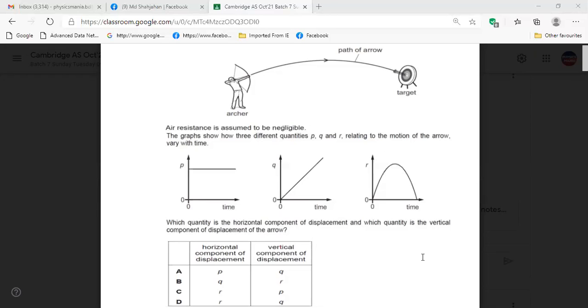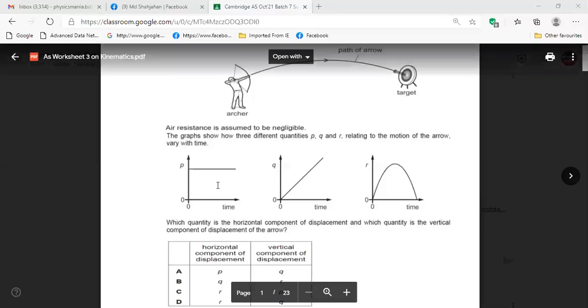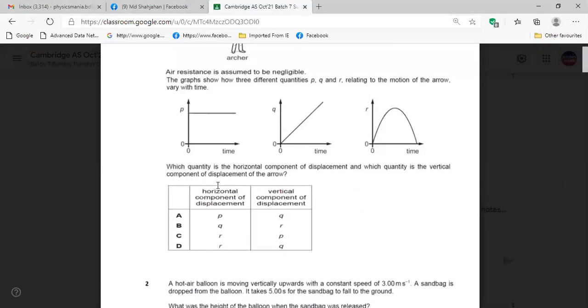So what should be our answer for this? Which one should be our answer? Navid, which one is our answer here? A, B, C, D, which one?